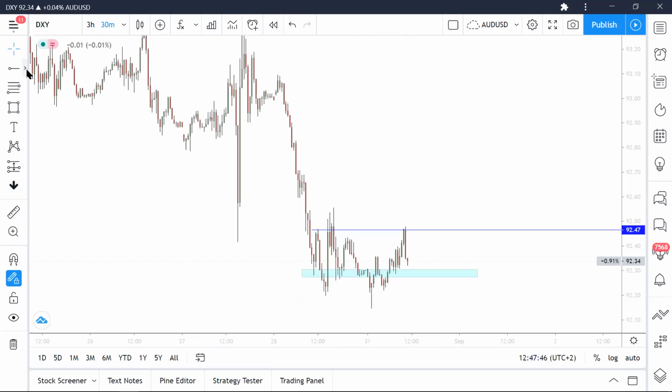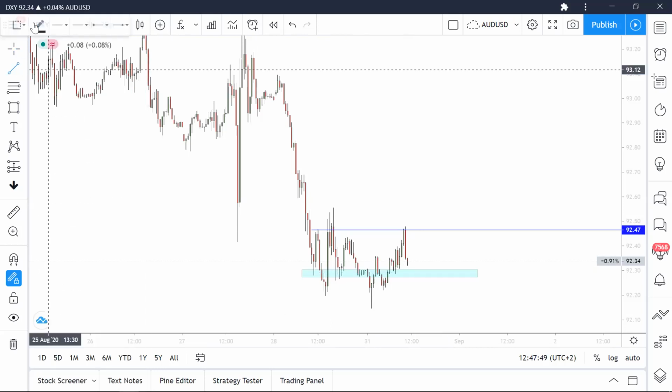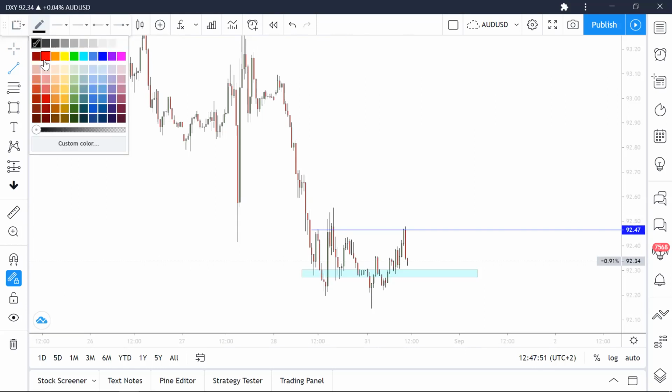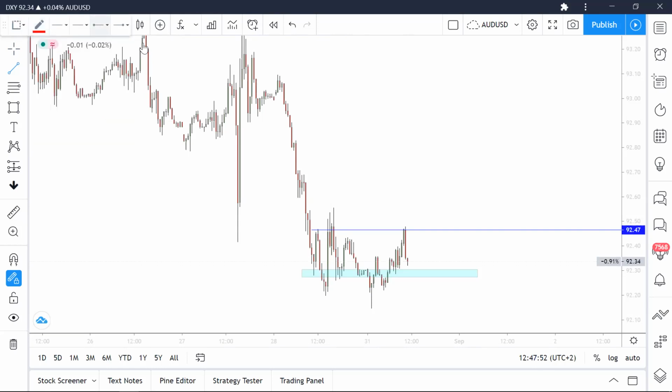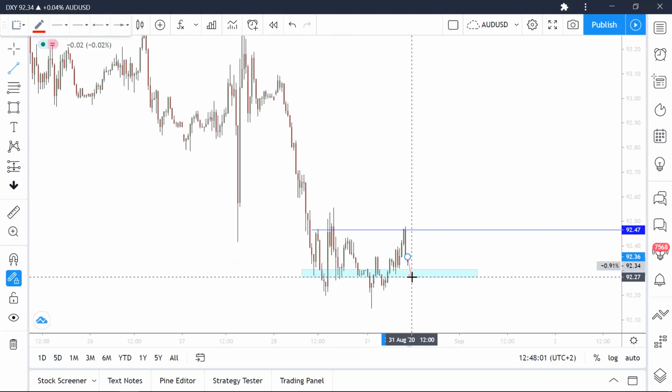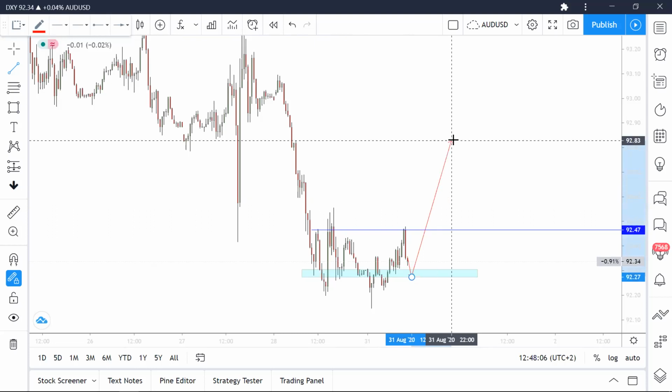And then we could potentially be looking for some upside in the DXY. Let me just indicate it with arrows. So you can expect a push deeper into this support area, and then we could be looking for some potential upside here, right?